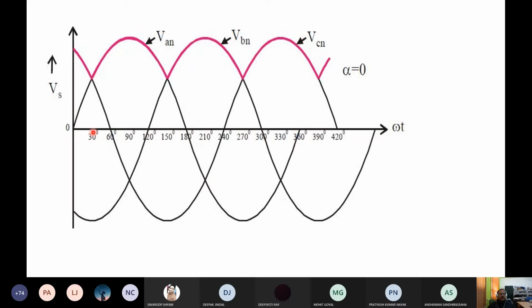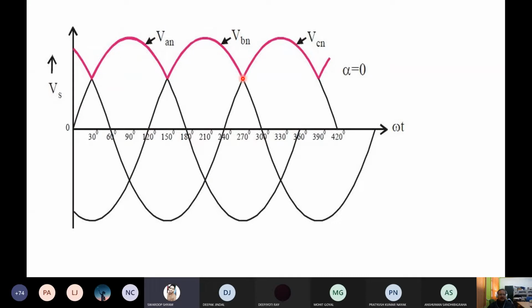So we say that for omega t 30 degree, alpha is 0 for each thyristor. This is the reference for phase B, this is the reference for C. Clear? Yes, sir, clear.